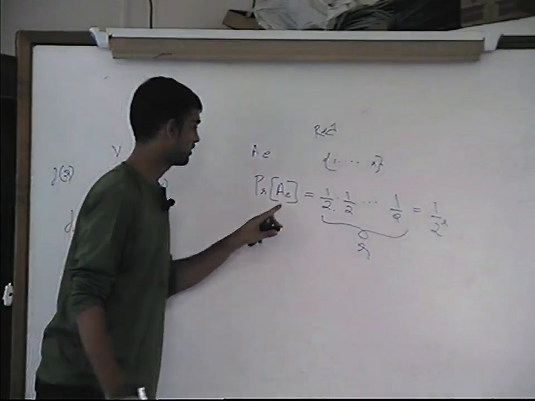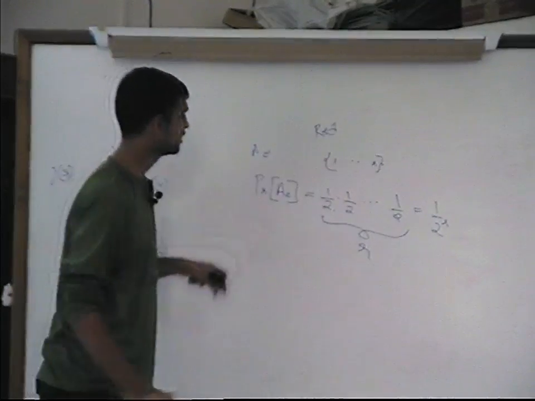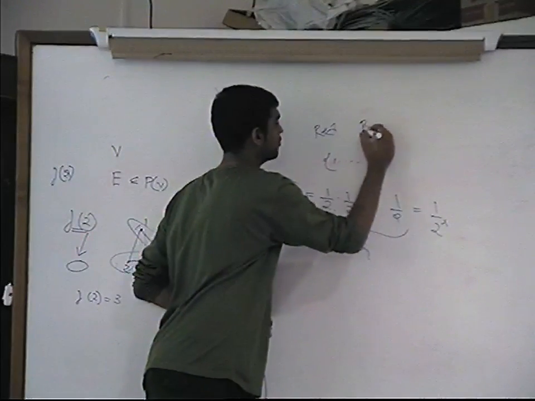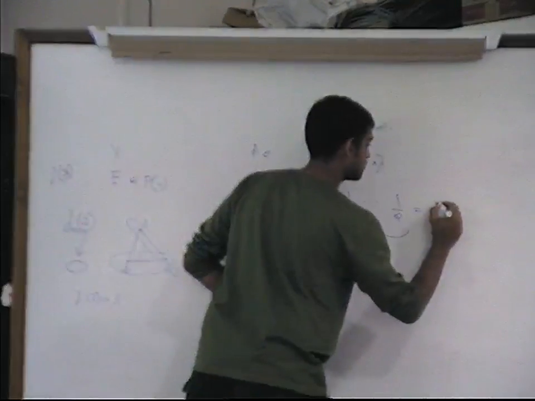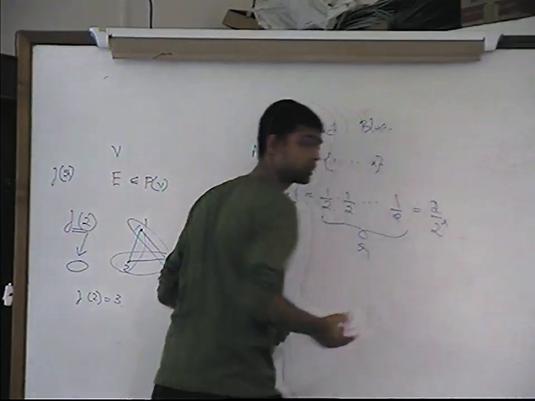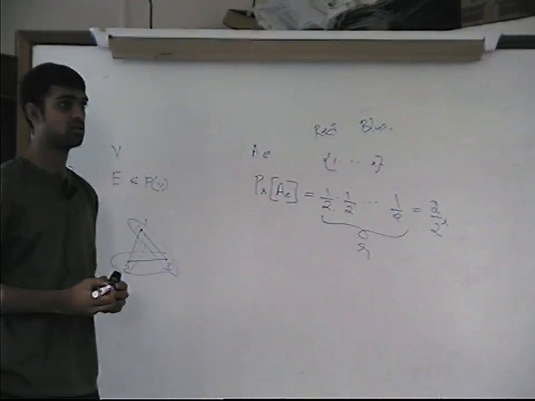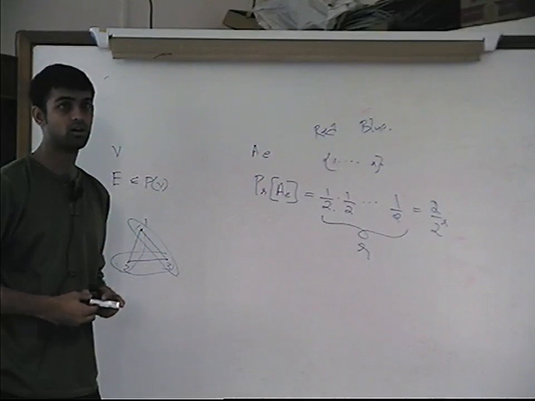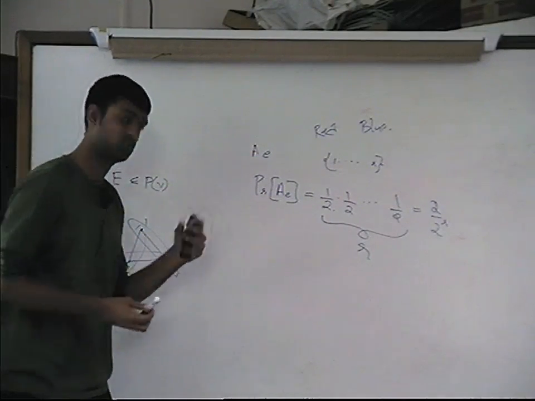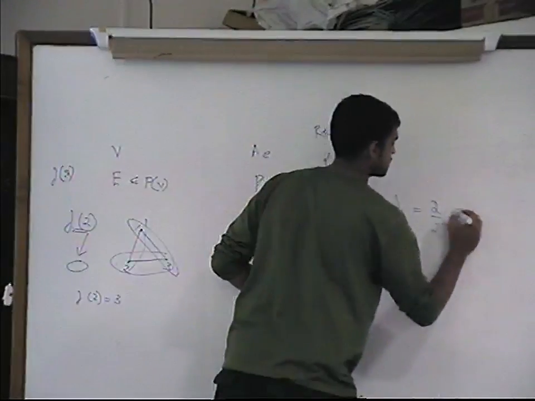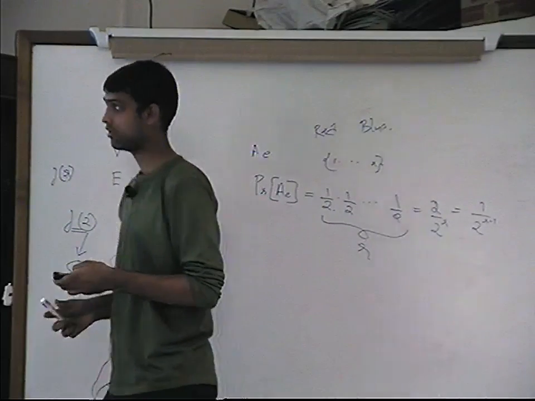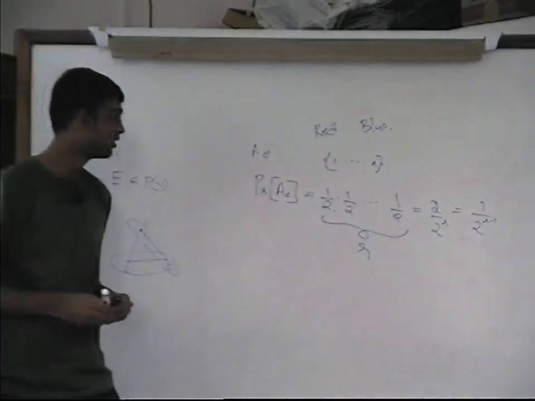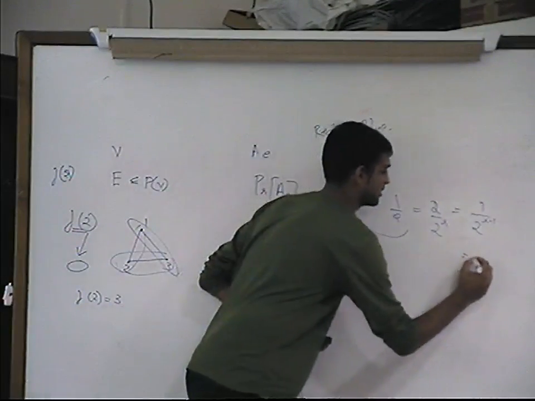So one thing which we are missing is all these colors could also be blue. Right? It's still monochromatic. So this would be 2 times 1 over 2 power r, which is 1 over 2 power r minus 1.